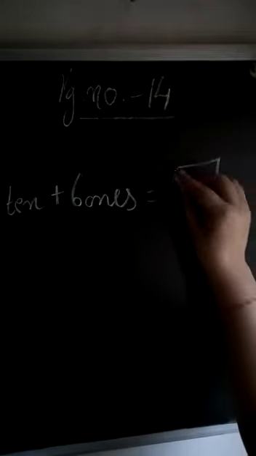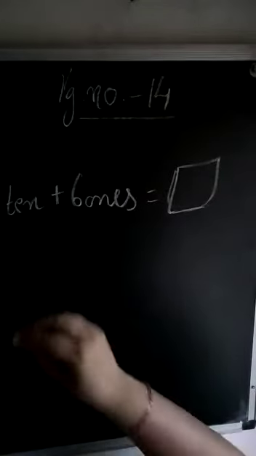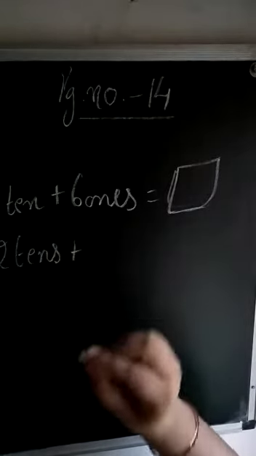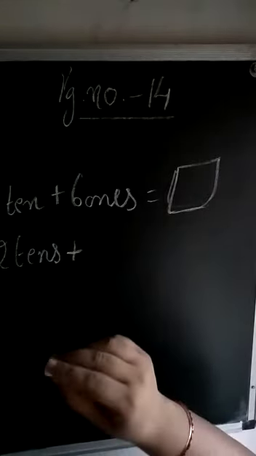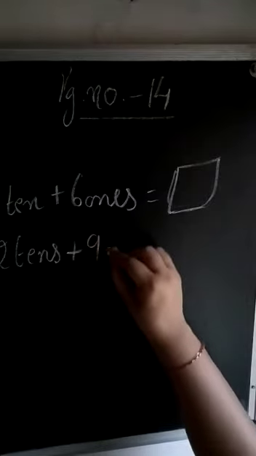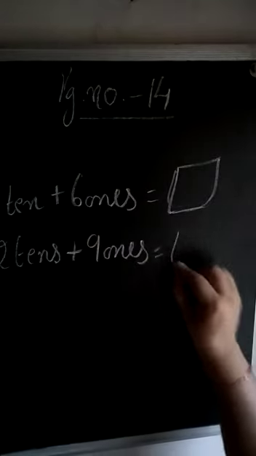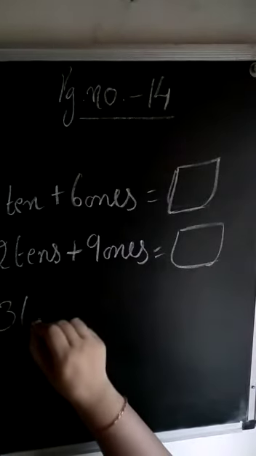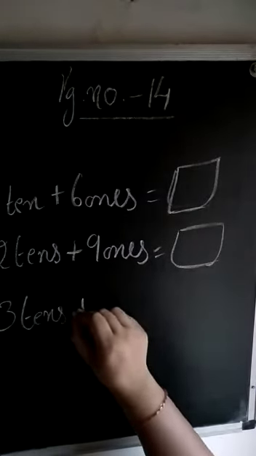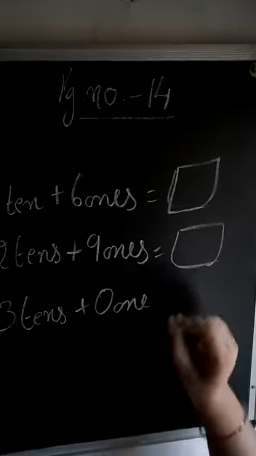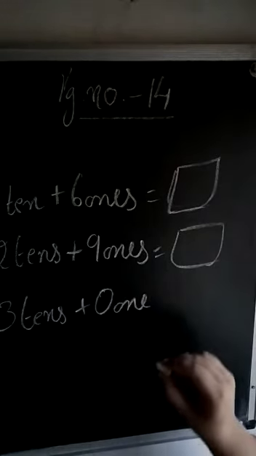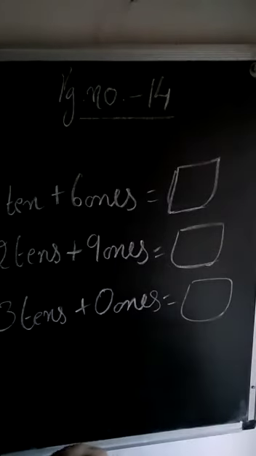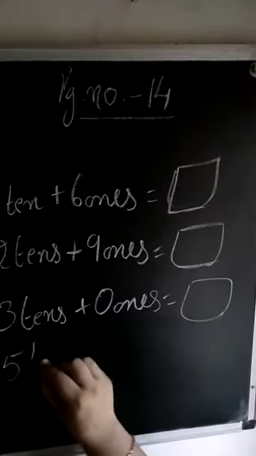Similarly, I will write a few sums here. 2 tens plus 9 ones. Next is 3 tens plus 0 ones. Next is 5 tens and 5 ones.